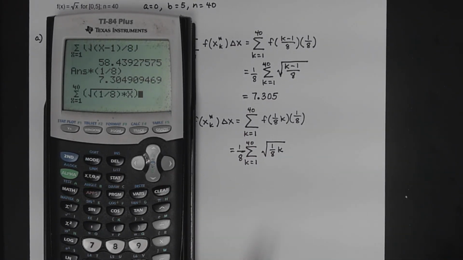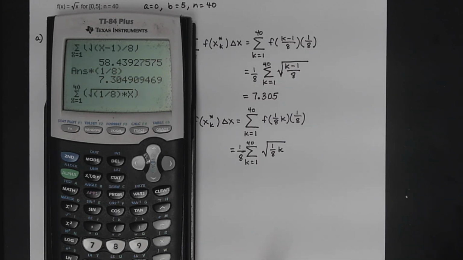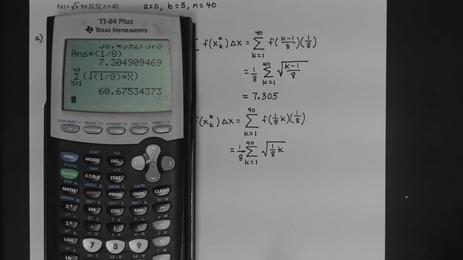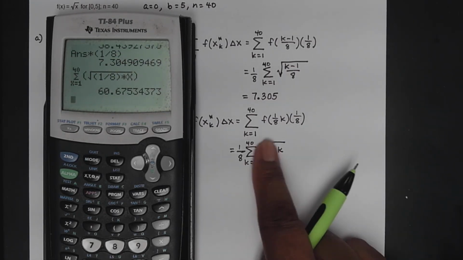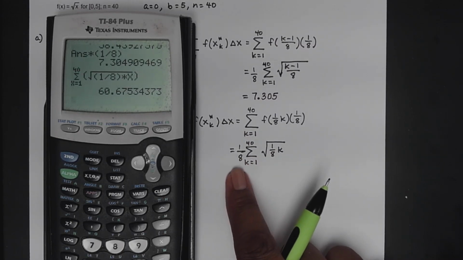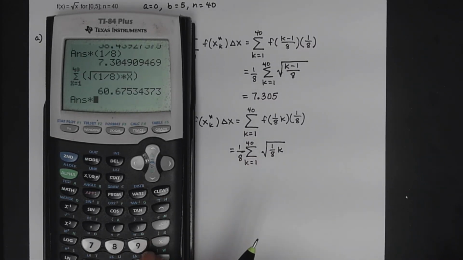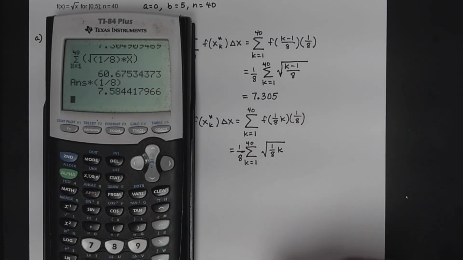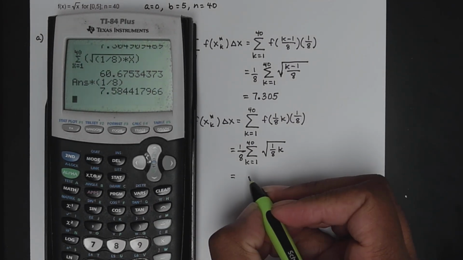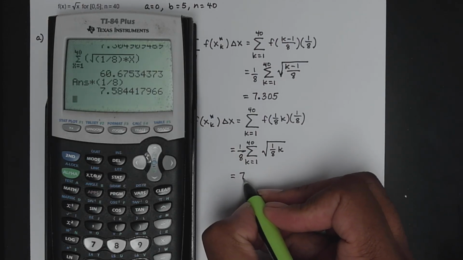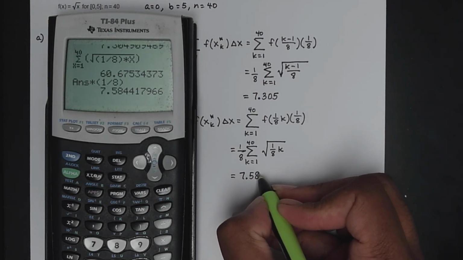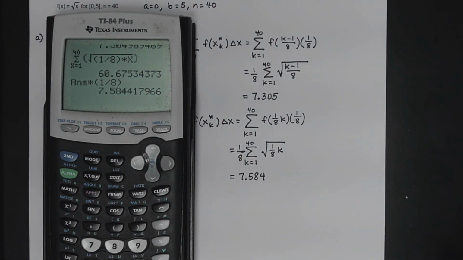Right arrow to get out of the square root, and right arrow again to get out of the parentheses. If I press enter, I'll get this value, but that's only for the summation. I have to do 1/8 of that, so I'll multiply it by 1 divided by 8, or you could divide by 8 if you want to. You'll end up getting, to 3 decimal places, 7.584.